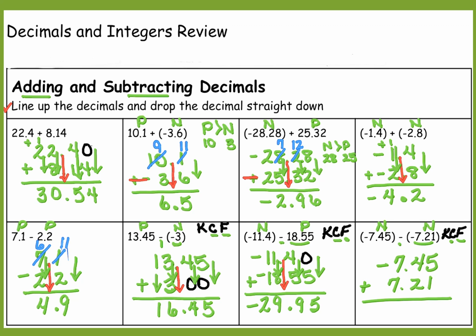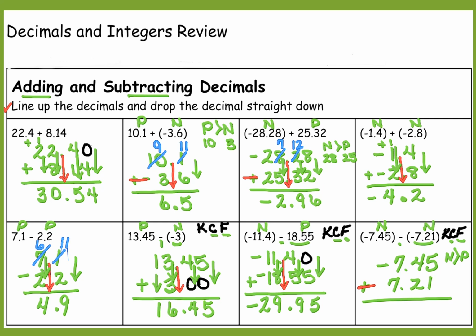Now here we have different values. We have a negative and a positive. So if we're comparing these, because they are different, we can see that we have more negatives than we do positives. That means our answer is going to be negative when we subtract these. Because they are different, we need to find the difference between those, and we know that our answer is going to be negative.